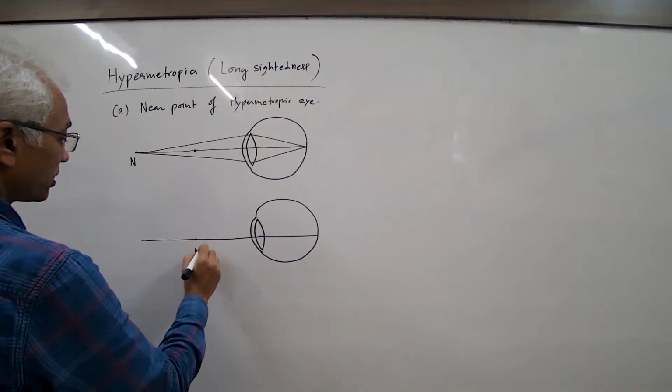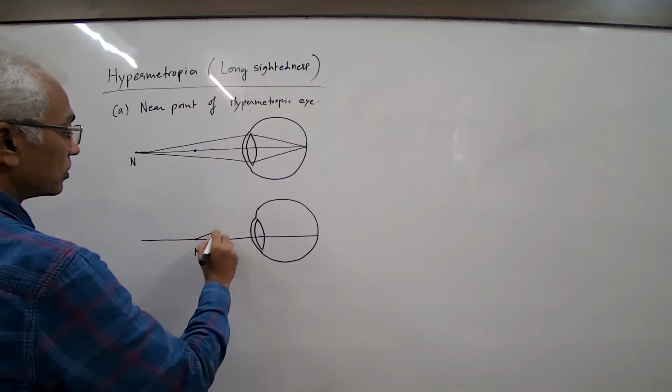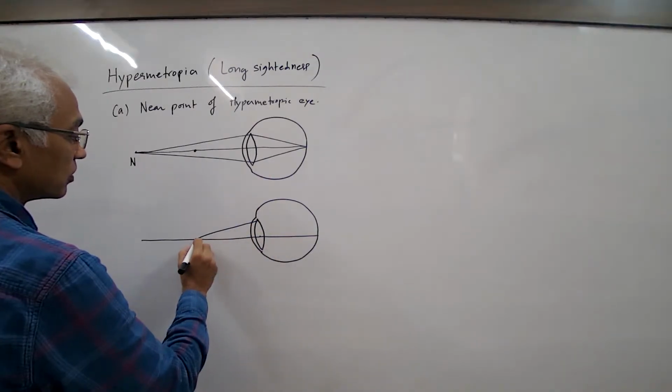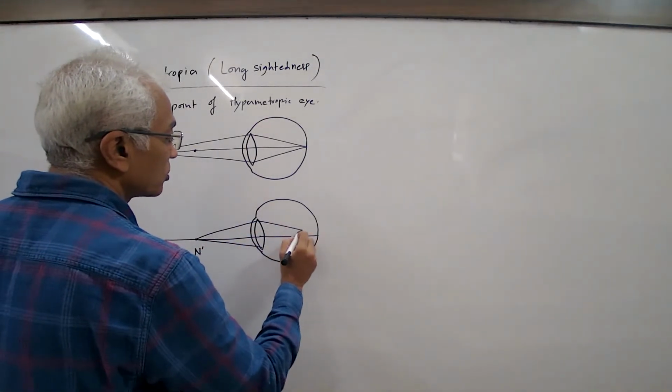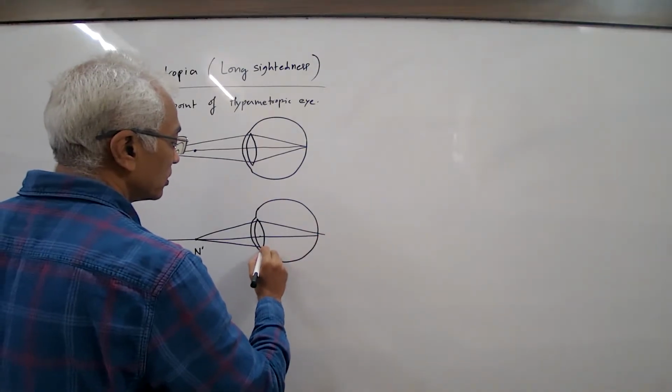It is N dash. In this case, the image forms behind the retina.